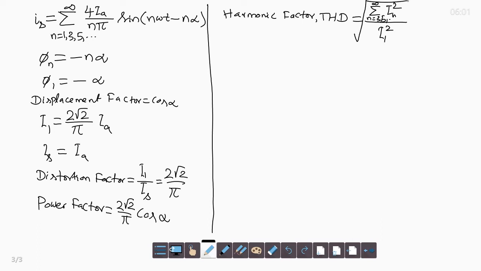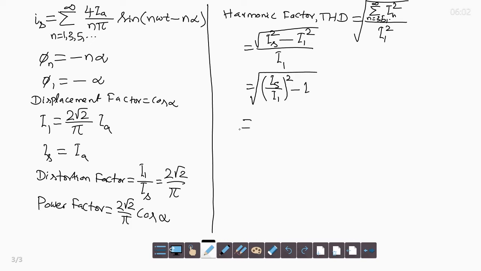So this is the root of Is square, the RMS value of the supply current square, minus I1 square, over I1 square. So the numerator is the RMS value of the harmonics divided by the RMS value of the fundamental component I1. So you can write root of Is by I1 square minus 1, and I1 by Is we have got as 2 into root 2 by pi.